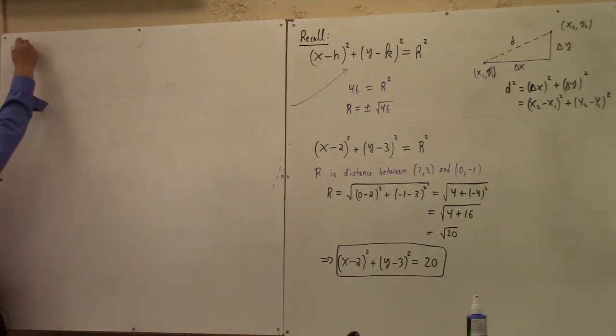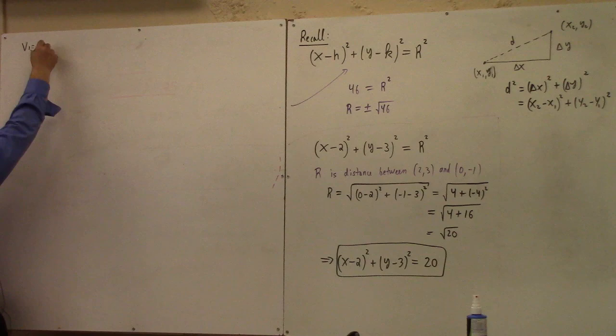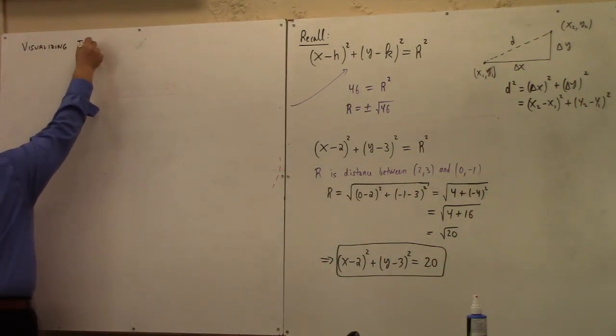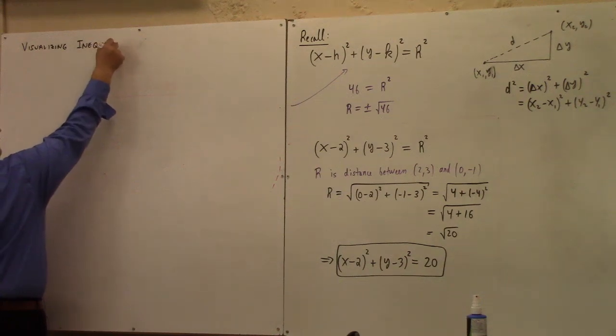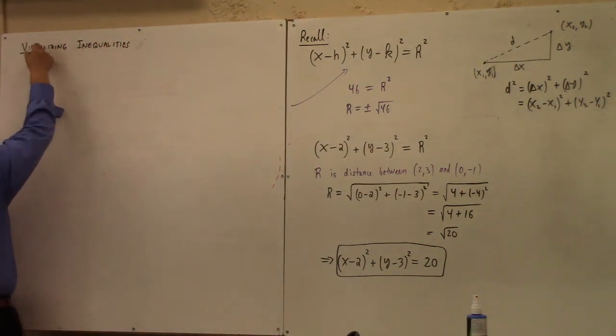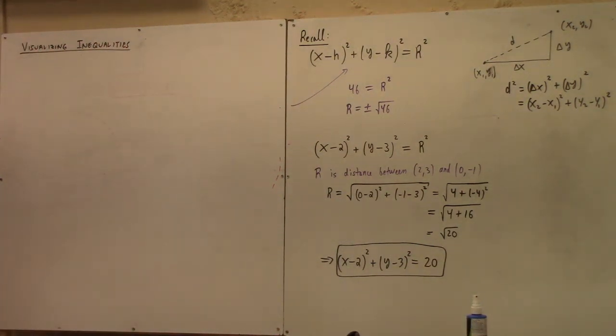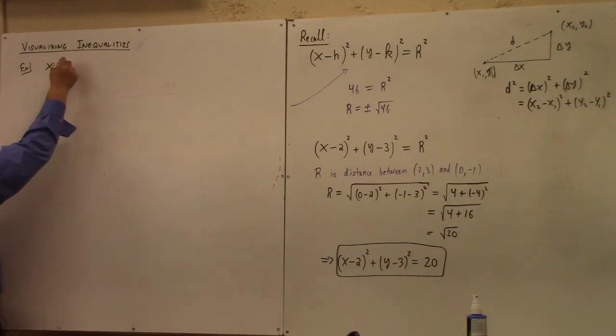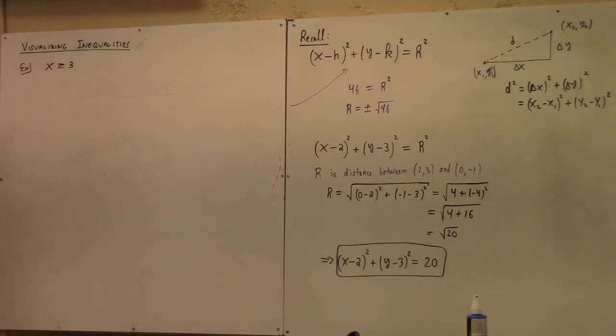Visualizing inequalities. So a really simple example. How about x greater than or equal to 3? What would that look like if you wanted to visualize it?